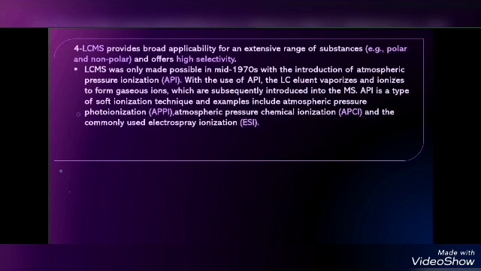With the use of API, the LC eluate vaporizes and ionizes to form gaseous ions, which are subsequently introduced into the MS. API is a type of soft ionization technique, and examples include atmospheric pressure photoionization APPI, atmospheric pressure chemical ionization APCI, and the commonly used electrospray ionization ESI.